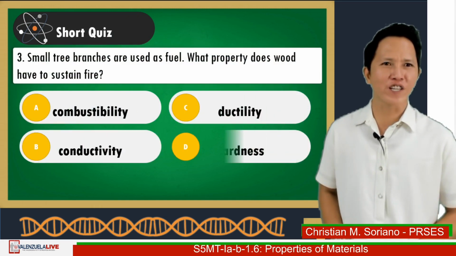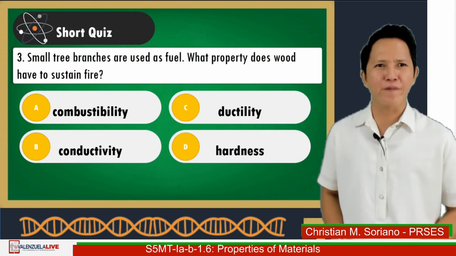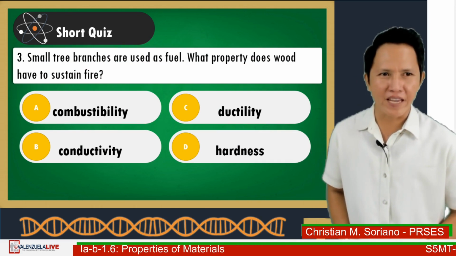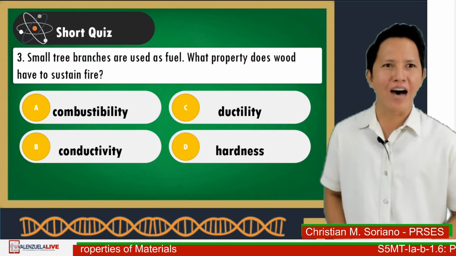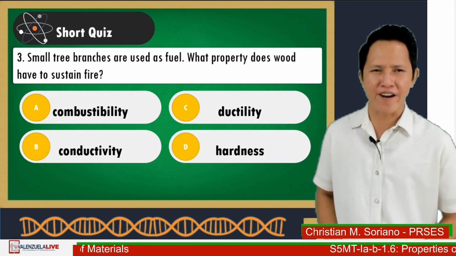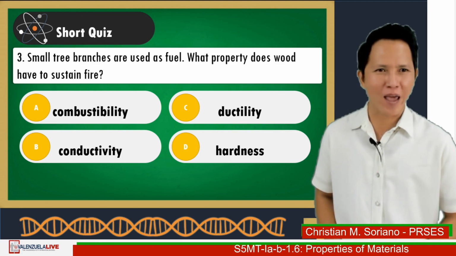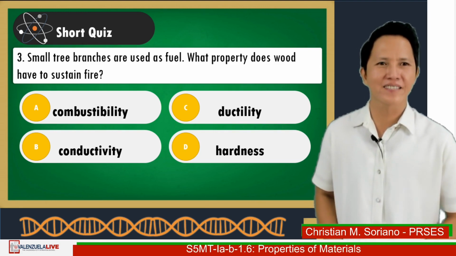The third question is, small tree branches are used as fuel. What property does wood have to sustain fire? Do not forget to type your answer on the comment box, class.